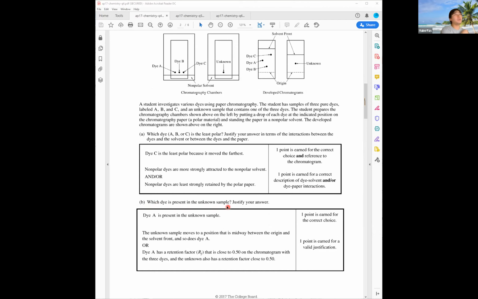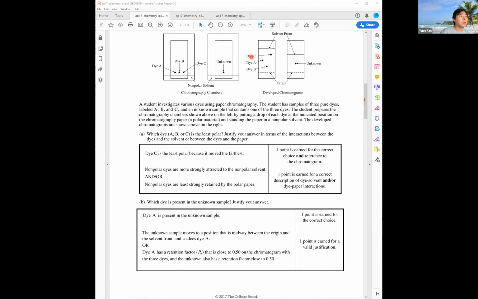Okay, here because this experiment is not done on the same paper chromatography, we need to calculate their RF separately. And here is the unknown. Because the solvent fronts are different, but we can see this unknown is approximately in the middle of the origin and the solvent front.